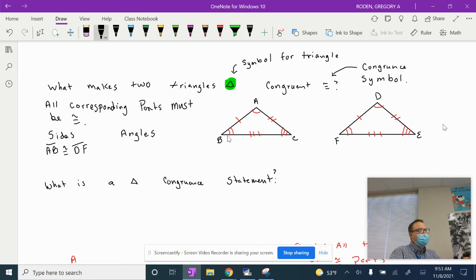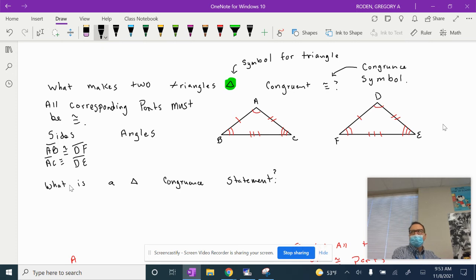Either they can give us an actual measure of the sides with a number, or they can do a congruent slash or an arc for the angles. You guys see that? So someone give me another pair of congruent sides. Will? AC and DE. We all agree that AC is congruent to DE. Y'all agree with that? Okay.